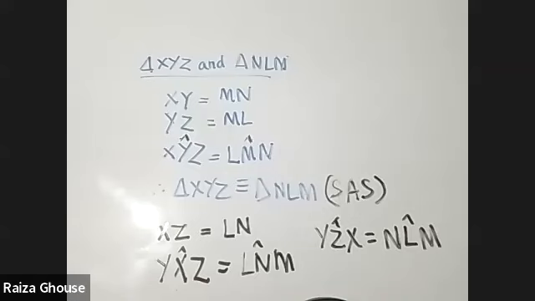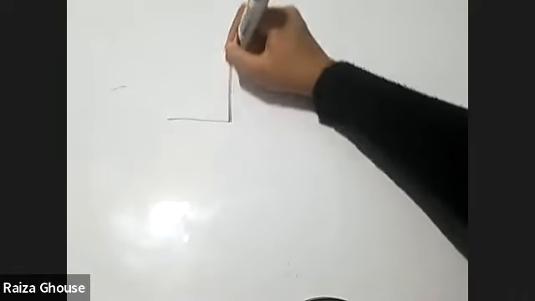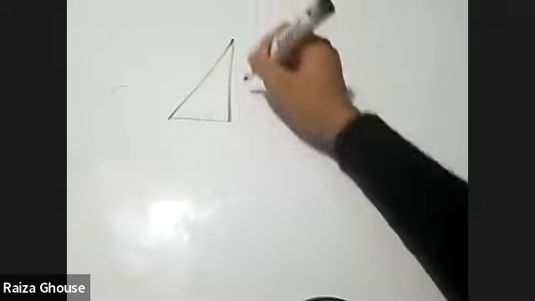RHS. Who said hypotenuse is equal in that figure? Is it given? Is it provided information? No information is provided that hypotenuse is equal in the figure. Roman number 5. Look at the diagram I'm drawing.